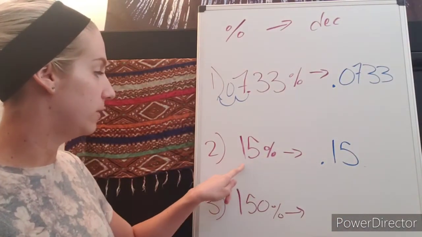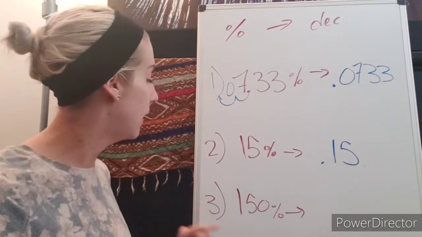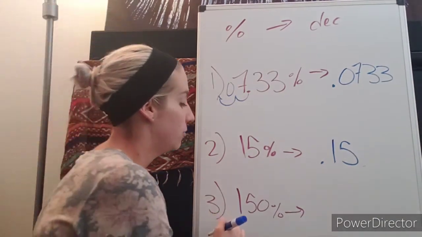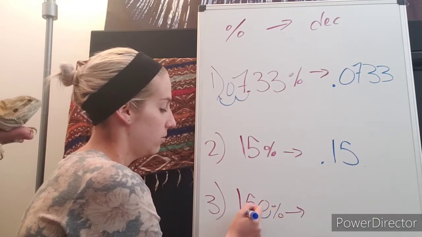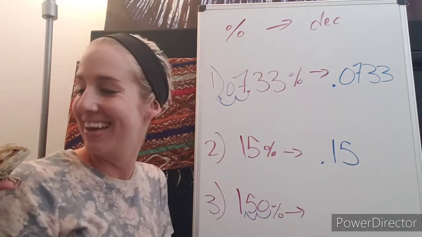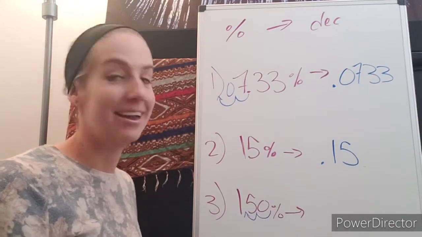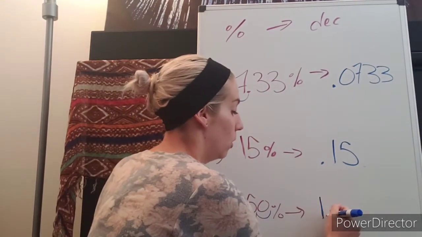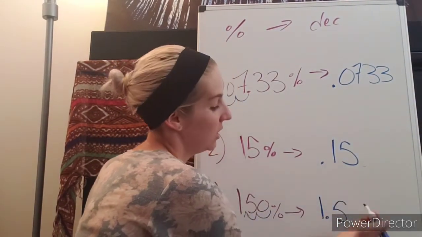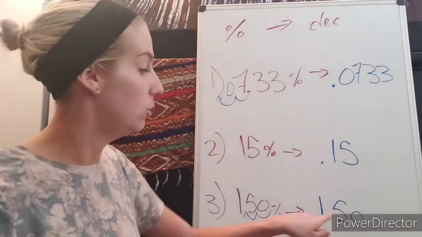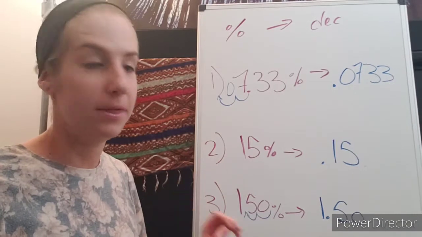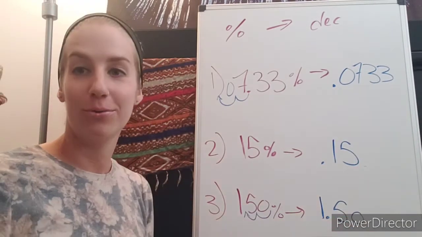And I do that by moving the decimal or dividing it by 100. And then finally, for number 3, for 150%, my imaginary decimal is here, moving it 2 places. Or if I took 150 and divided it by 100, I would get 1.5. And you don't have to put a 0 on the end. You can if you want to. 1.5 is the same thing as 1.50, okay?